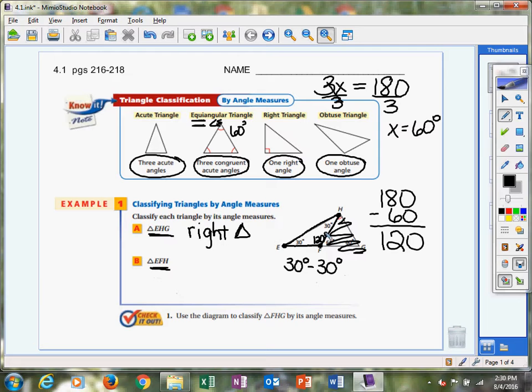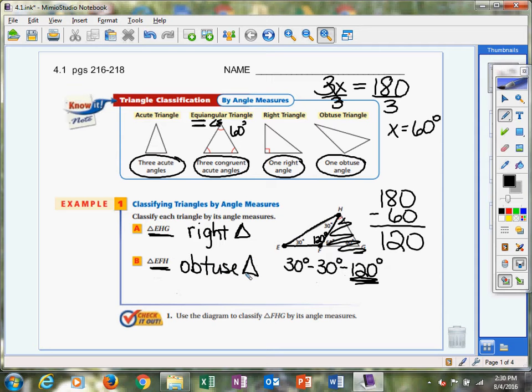So that missing angle here is 120 degrees. I always lock in on the biggest angle there, and I go, okay, wow, that's more than 90 degrees. That's an obtuse angle there. So I would classify this as an obtuse triangle.